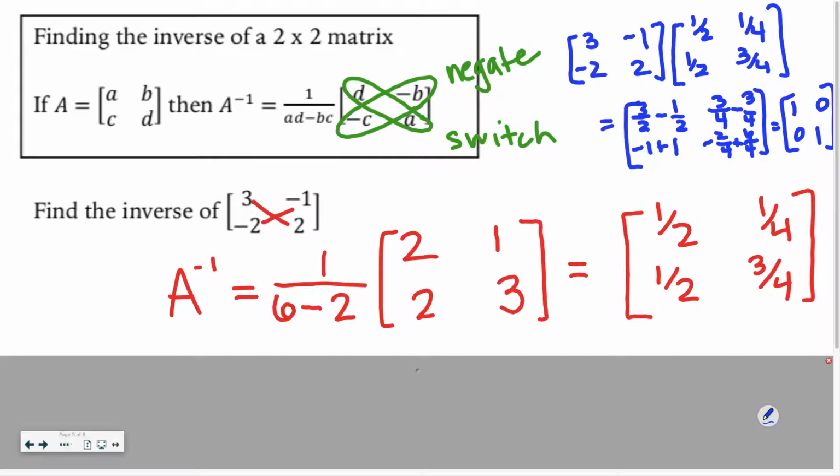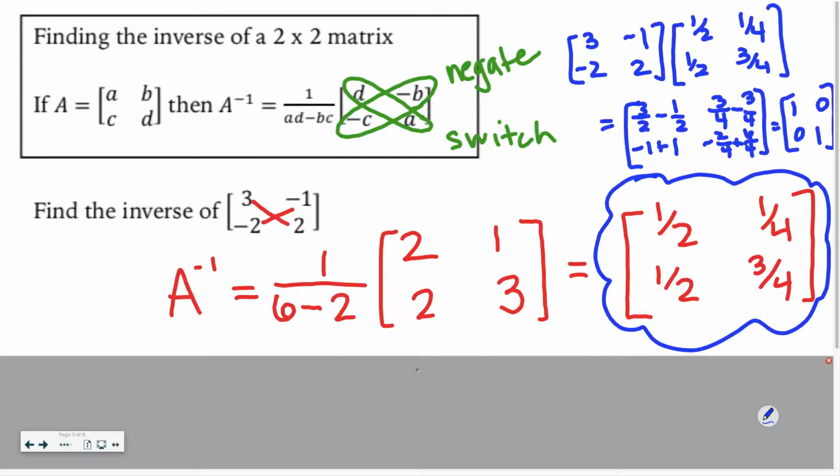That's how we know that we found the inverse correctly, because when we take A times A inverse, they multiply to be our identity. Now this is what I was trying to get us to find. But first of all, I want you to understand what we just did.